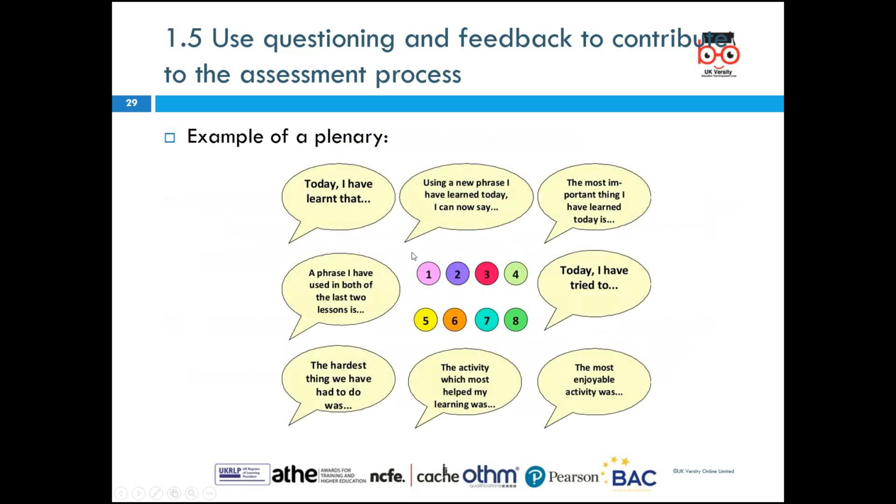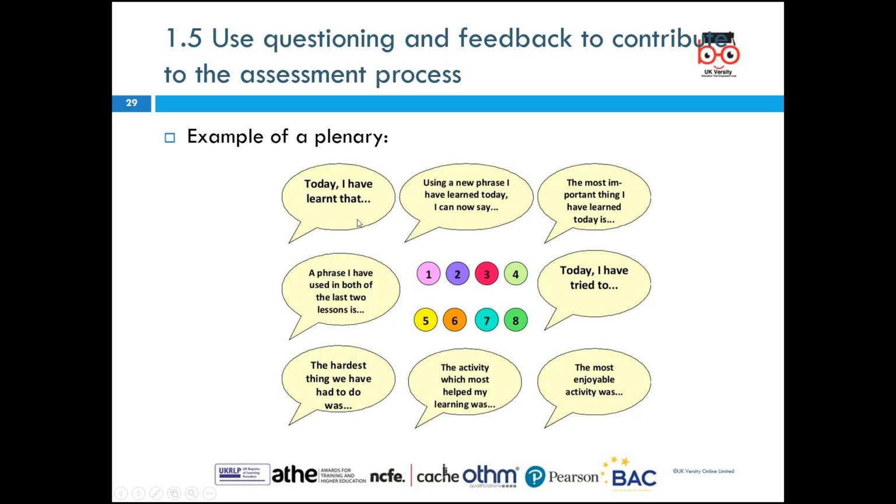So examples of a plenary, like I've got here: today I have learned that, and then they put down what they've learned. You can give them a piece of paper. Again, it's just like a summary, isn't it? An A4 piece of paper with a few bubbles on it, depending on their age requirements. If they're very young children, you might just want them to say verbally to you, and you write down on a whiteboard what you've all learned.